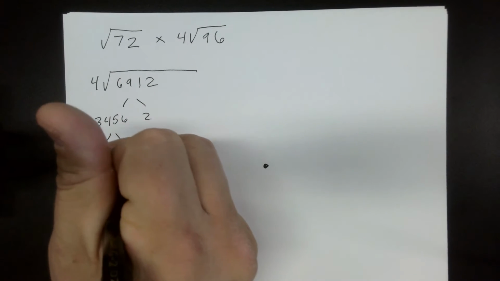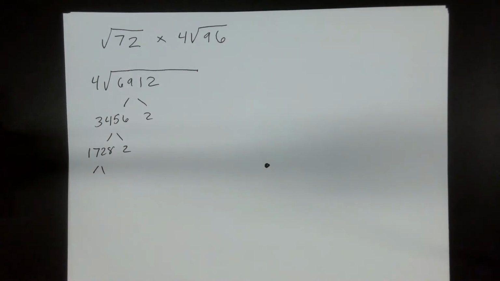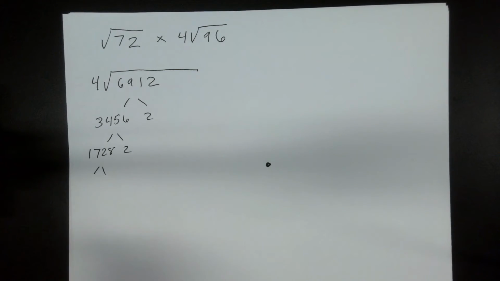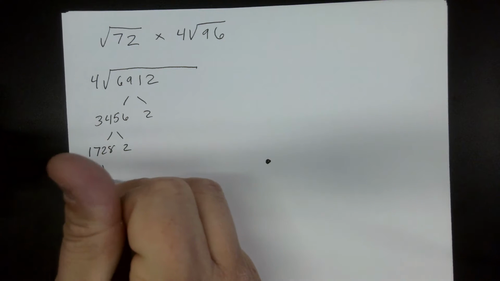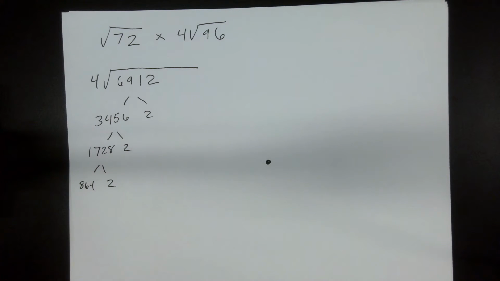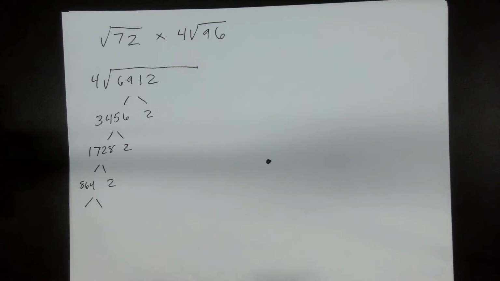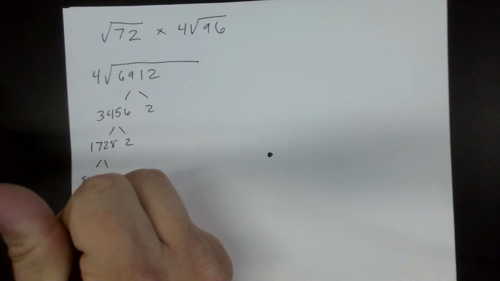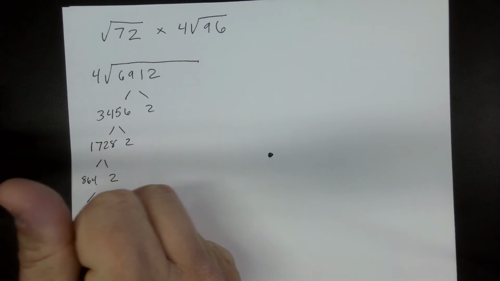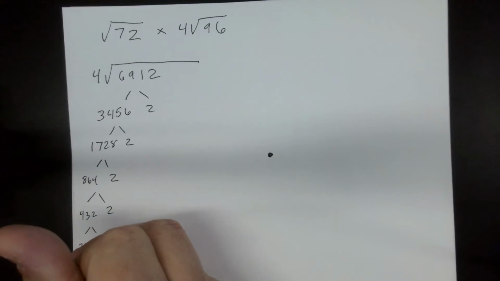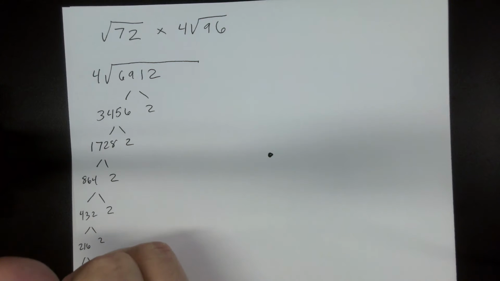1,728. And 2? What about 1,728? 864. Okay, 864. 432. Okay, 432. 216. 216 is 108.